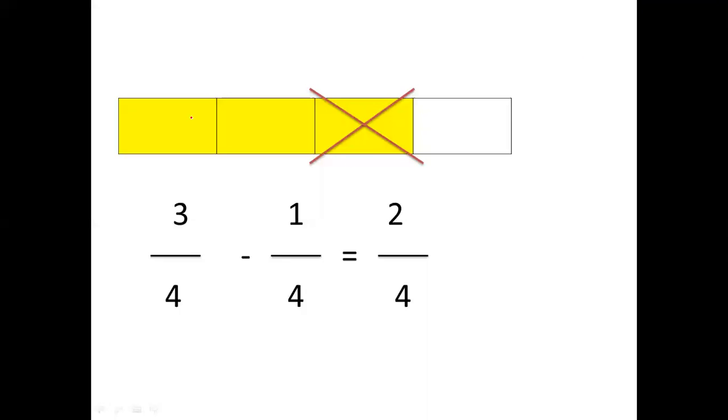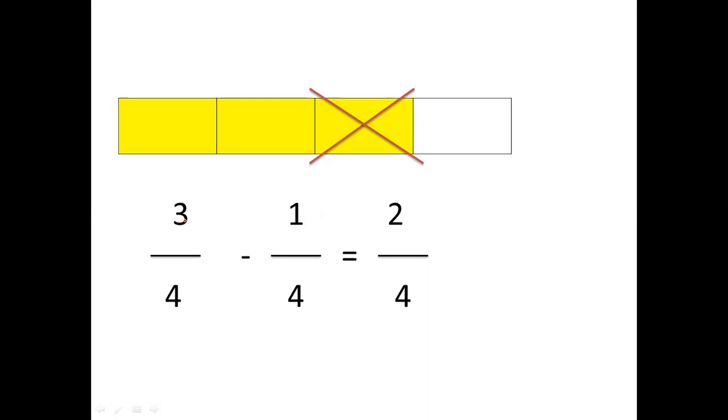Let's count them. One, two. Excellent. So what we are going to do here, we have 3 over 4 minus 1 over 4. We take away just one part over 4. The parts in all, they are 4. So what is the fraction of this part?